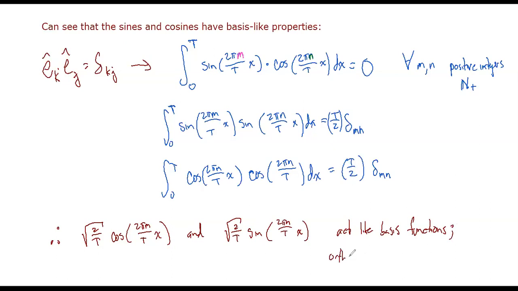They're orthogonal to each other, and they're normalized. That's the role of the root 2 over T: now when I multiply this thing times itself and integrate from 0 to T, I get 1 instead of T over 2. So these are our basis vectors, and these are the things we'll use to dot product to get the a's and b's. So any questions about that before I write that down and then we start trying to use it?